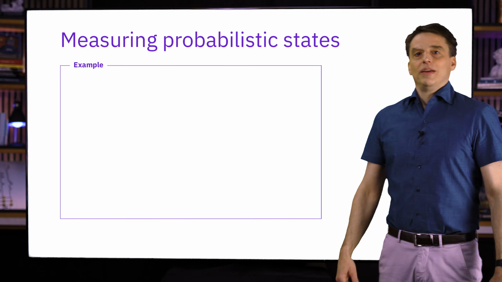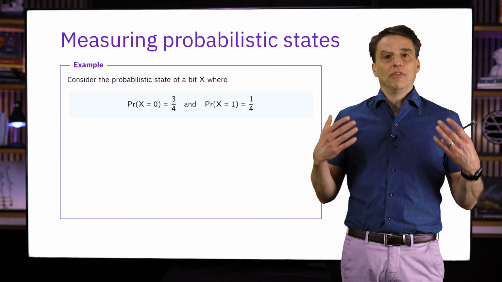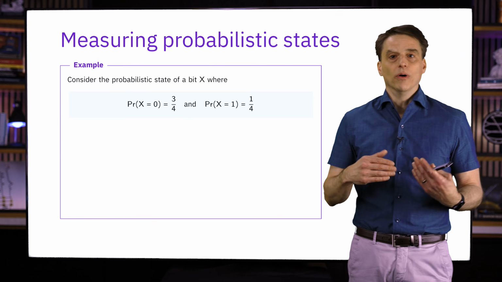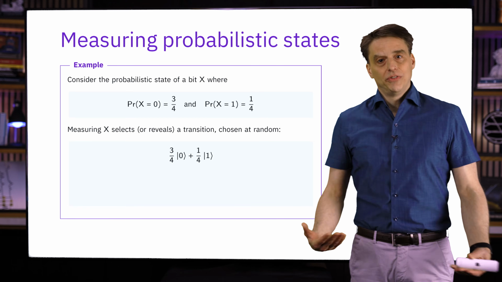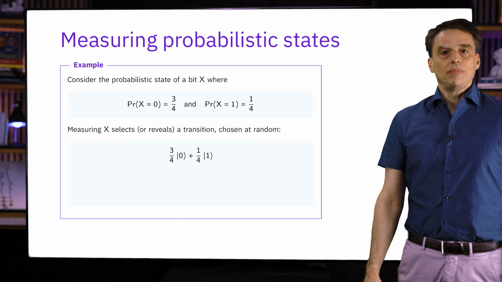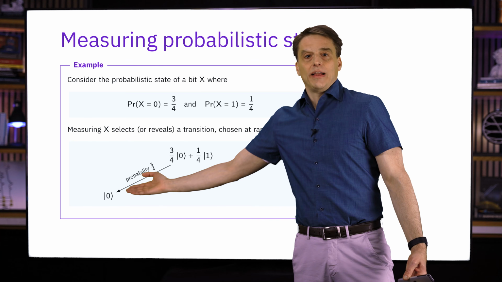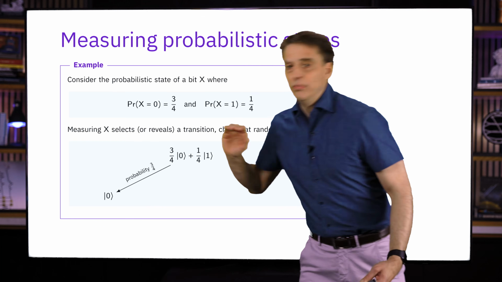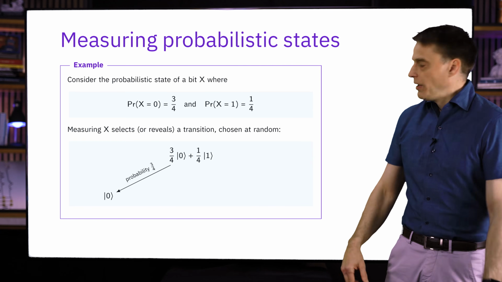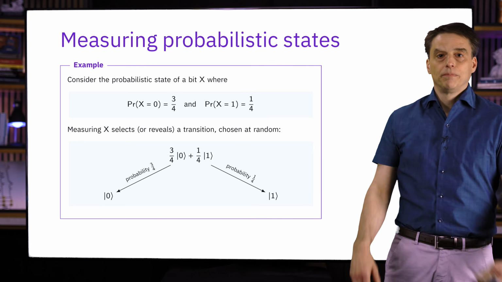For example, if we again consider the situation where X is a bit and we have the same probabilistic state as before, then if we measure X, we can imagine that a transition takes place. With probability 3/4, we see the classical state 0, and by measuring, we transition to ket 0 being our probabilistic state. And with probability 1/4, we transition to ket 1.